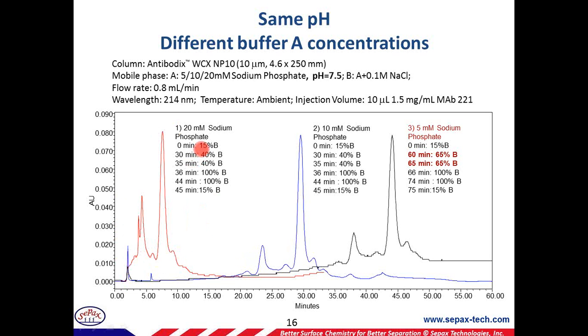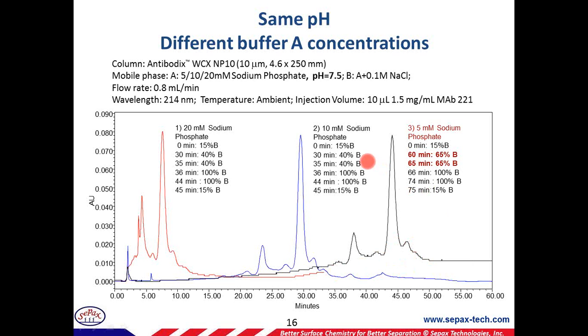When we just reduce the buffer A concentration to 10 millimolar, we see so much more improvement in the resolution of these mAb peaks. When we reduce further to 5 millimolar, we still see the separation, but we start to see a loss of resolution, and it came out much later.